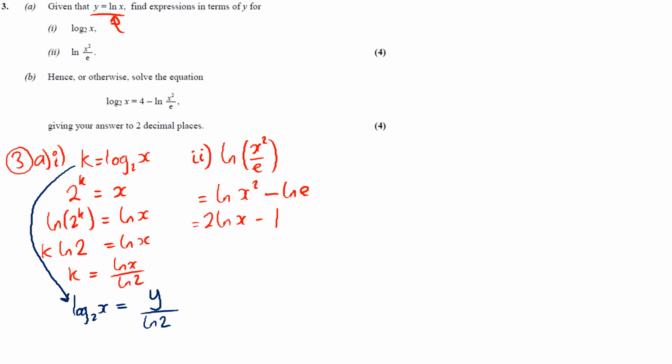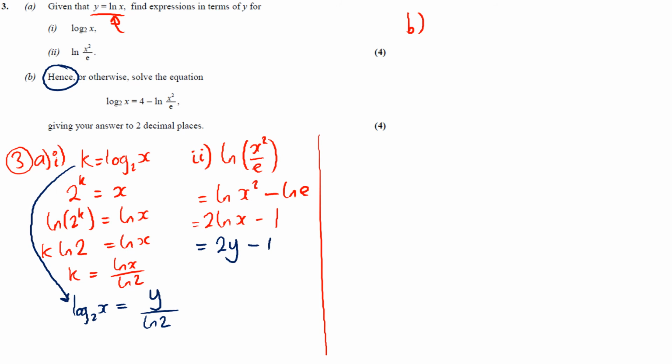We want to find this in terms of y. So y is ln x. So we can get that our final answer will be 2y minus 1. And then part B has this great word, hence, which means use the thing you just did.